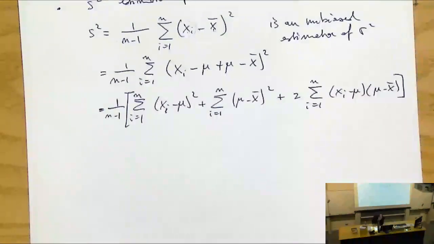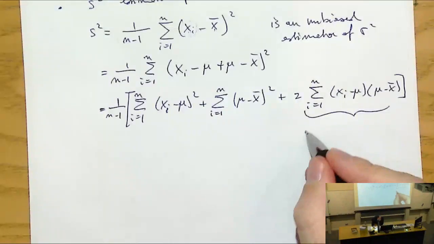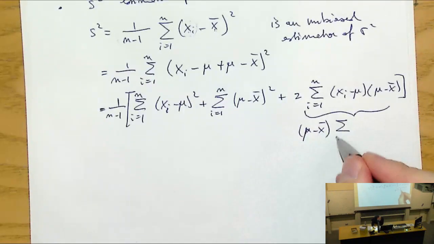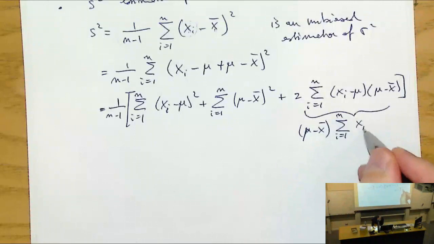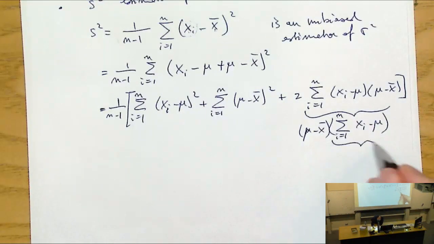So what can we say from this? This factor is the same as mu minus x bar, and I bring it outside of the sum from 1 to n of xi minus mu. What can we say about this?